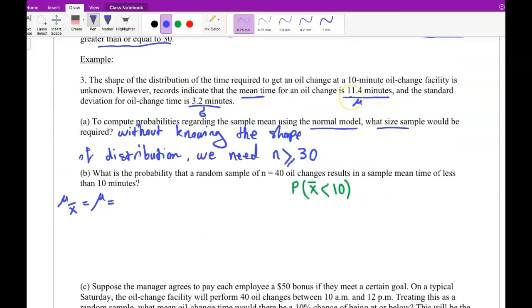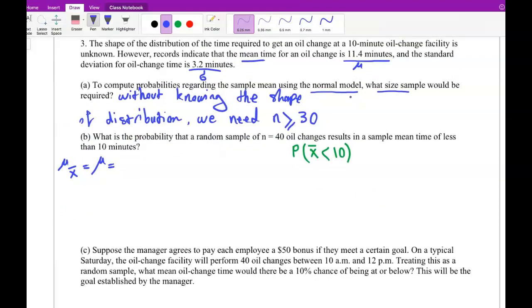The standard deviation is the population standard deviation, 3.2, divided by the square root of the sample size, 40. So here it is 0.5060.